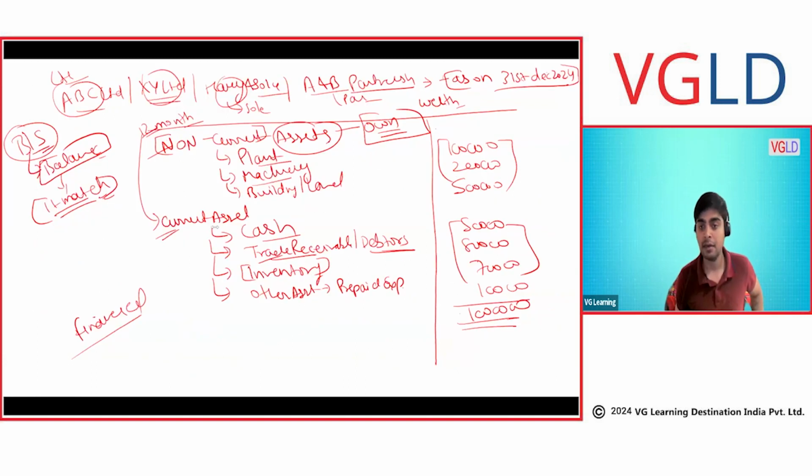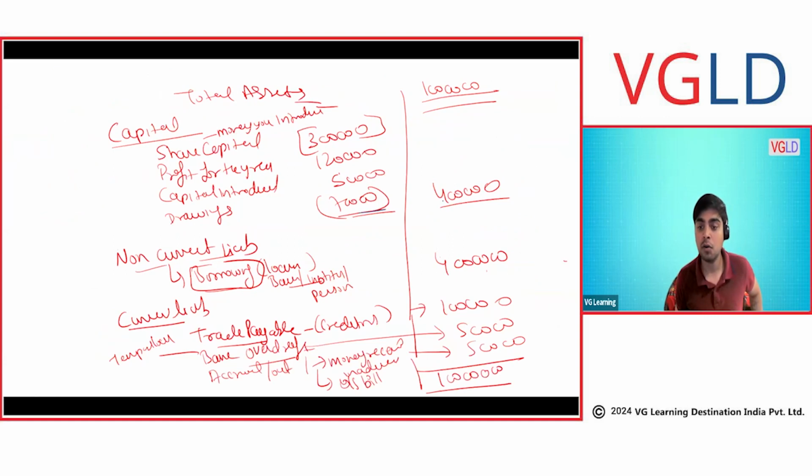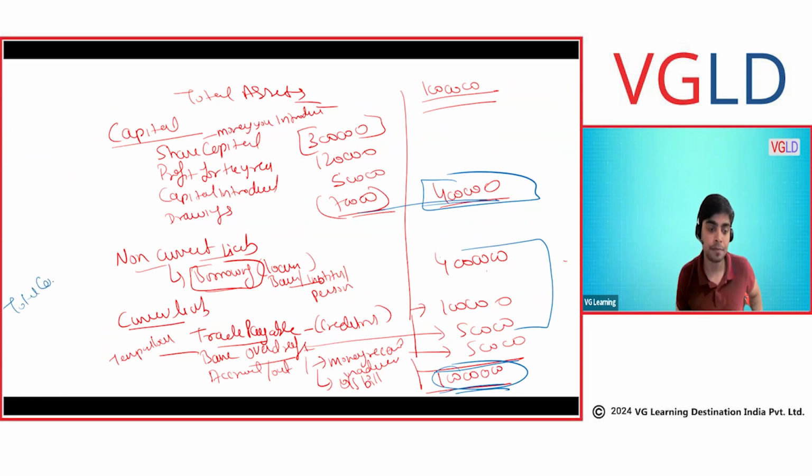The balance sheet will always tally: the total of the assets would match the total of the capital plus the liability. So ultimately, total capital plus liability is equal to total assets.